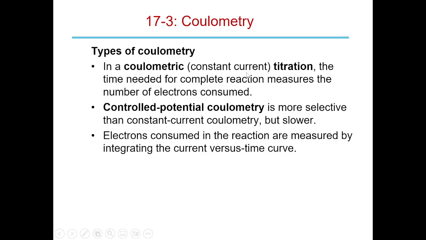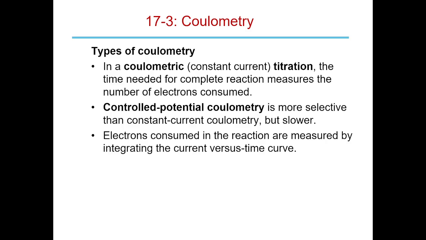Well, in a constant current one, you're providing that same amount of energy, even though you need fewer electrons to do the reaction, because you have fewer molecules to take the electrons on, right? But in controlled potential coulometry, it's going to take longer because you're not providing as much energy. But it's going to be more selective, because instead of providing extra electrons, you're providing the amount of electrons you need, right?